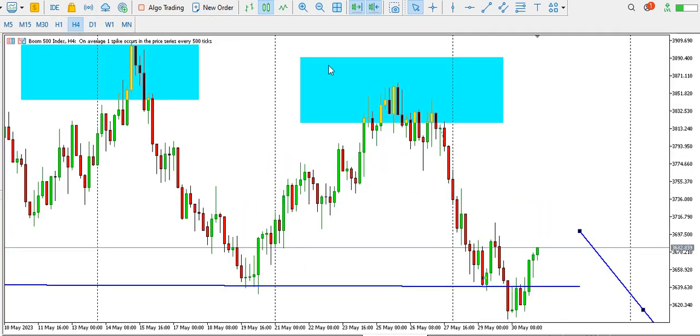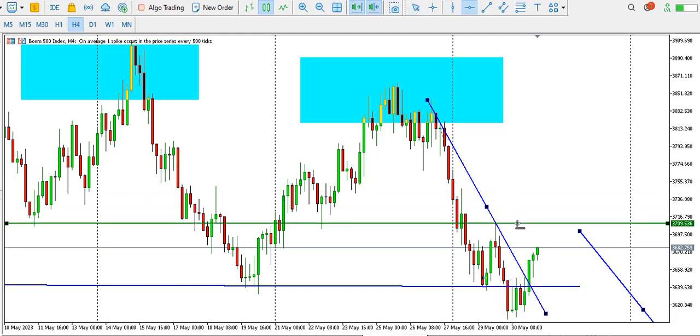On the 4-hour time frame, we can see that price is currently spiking up as this descending trend line has been broken. More like a swing. We have a swing low around here. The trend line has been broken and price is trying to get to the 3709 level.